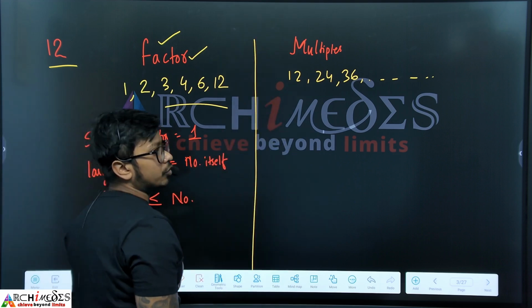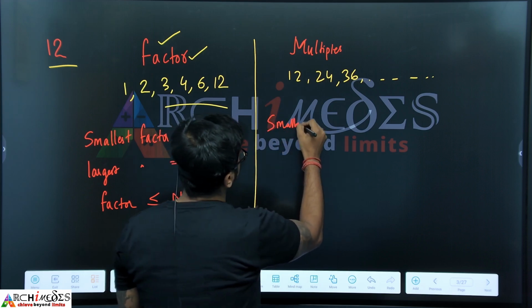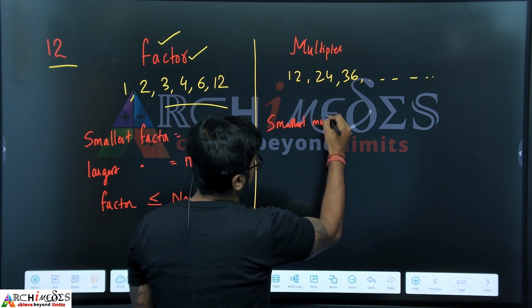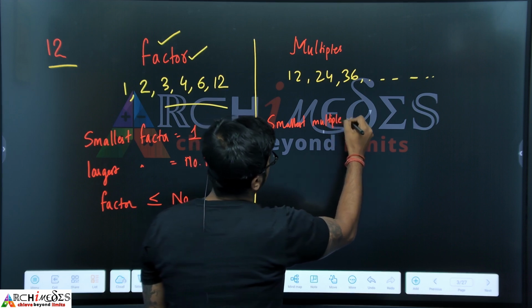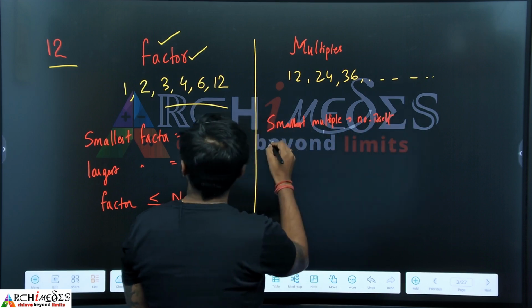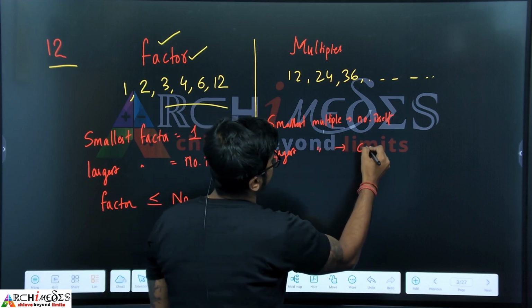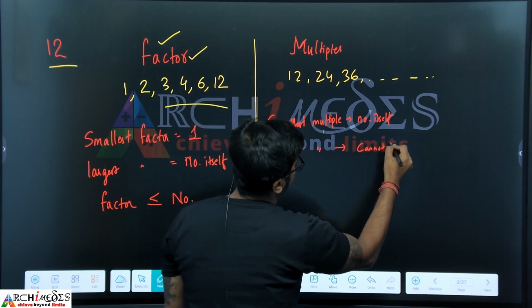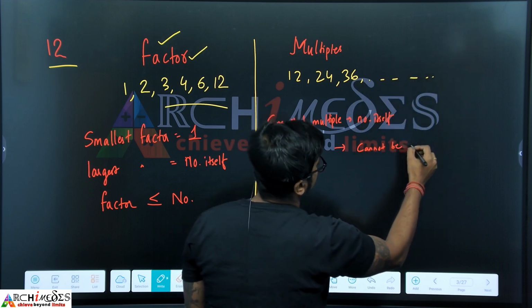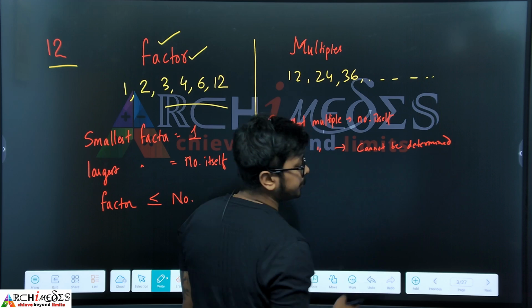Clear? Where is the multiple? So what is the smallest multiple? The smallest multiple is the number itself. But what is the biggest multiple? You cannot find it, it cannot be determined. It goes on.